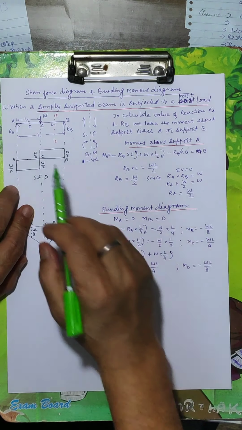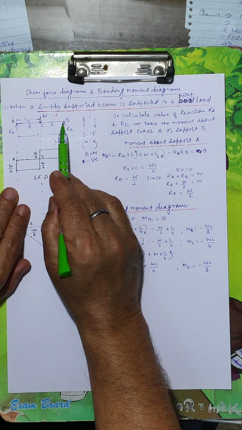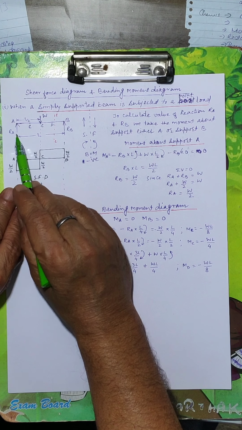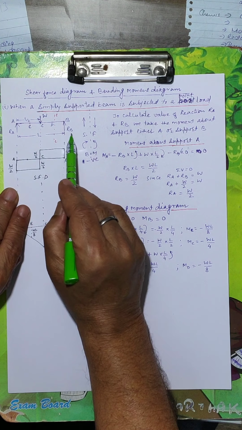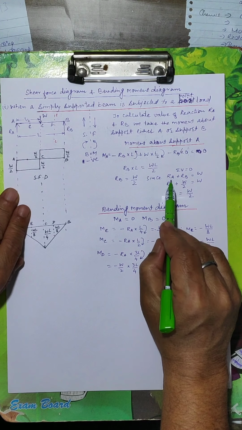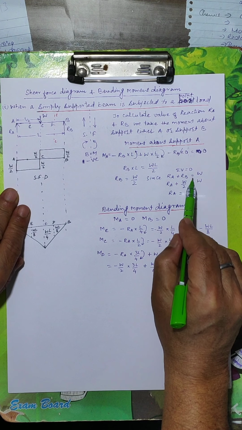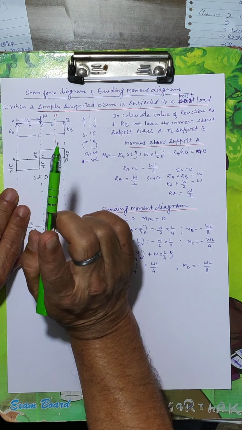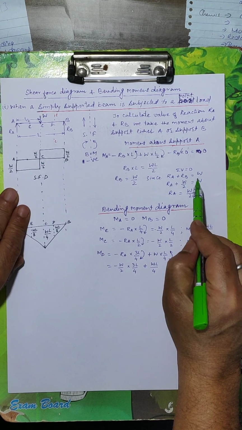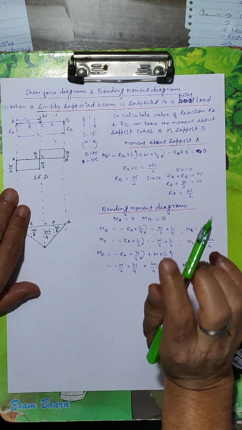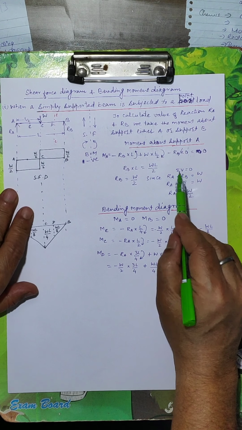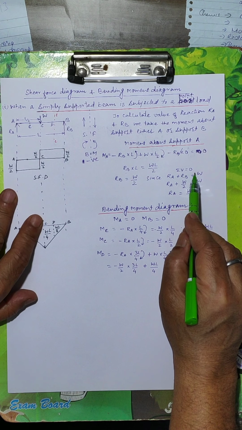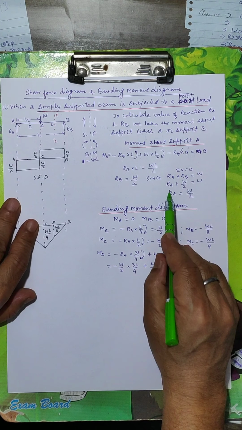Since the total load on the beam is supported by the two supports RA and RB, RA plus RB is equal to the total load. Here the total load is W, only one load is there, so this is equal to capital W. This also follows from summation of vertical forces equal to 0.